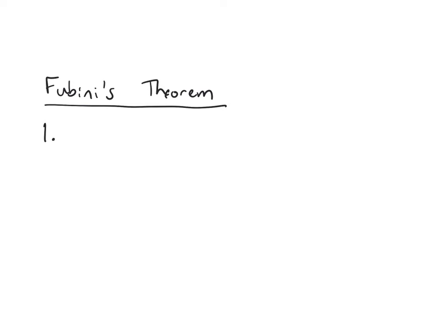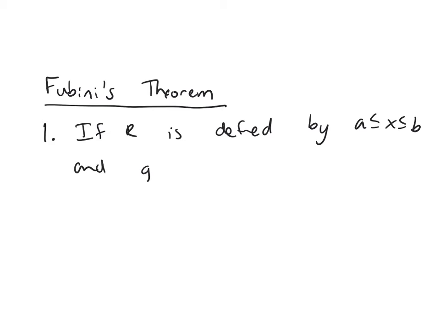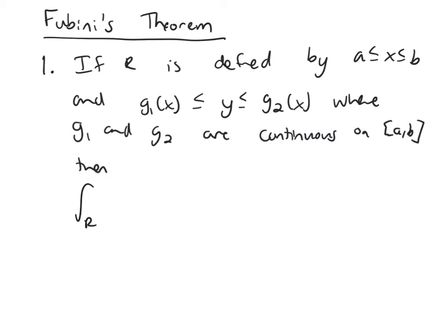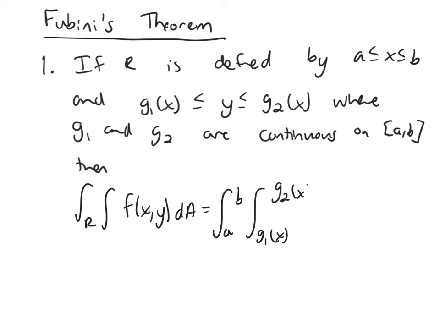So Fubini's theorem says if R is defined by x is between a and b and y is bounded by functions of x, where g1 and g2 are nice functions, so in particular they need to be continuous on my interval a to b, then the double integral over this region R would be equal to the integral from a to b, g1(x) to g2(x), f of x,y, dy dx.